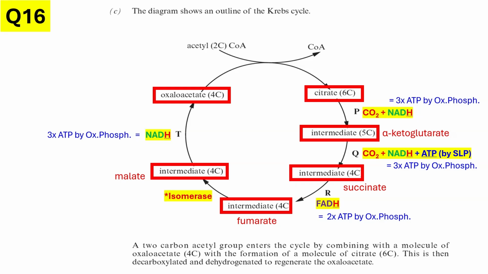Now, if you have a look at the FADH at the bottom, so this is step R, FADH, when it becomes oxidized, it loses hydrogen at the second proton pump, not the first. So the electrons move through the ETC from the second pump onwards. So that's going to activate only 2 proton pumps, which builds a slightly smaller electrochemical gradient, which is sufficient only to make 2 ATP by oxidative phosphorylation.